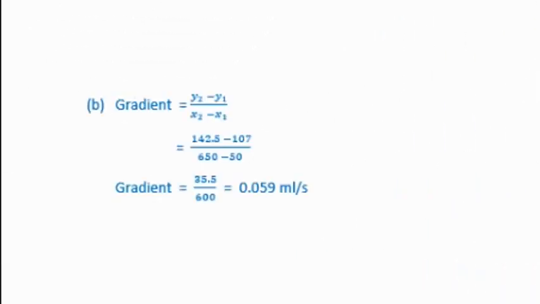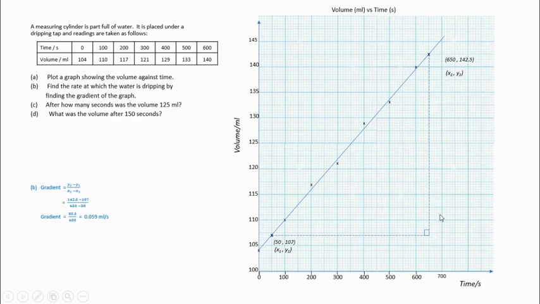So the formula for the gradient is y2 minus y1 divided by x2 minus x1. Substituting the values, it's 142.5, that's the y2, minus 107, that was the y1, divided by 650 minus 50, x2 minus x1. So what you're really finding is this distance over this distance: the height of your gradient triangle divided by the base of your gradient triangle.